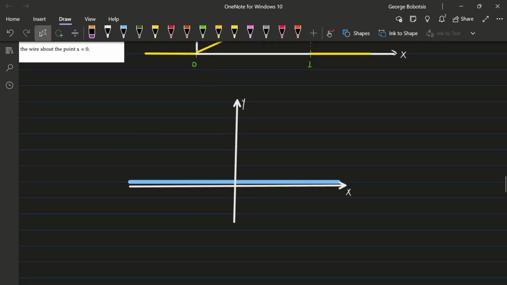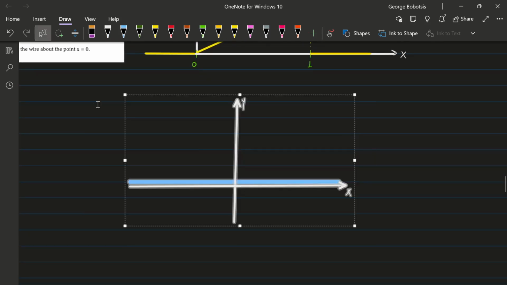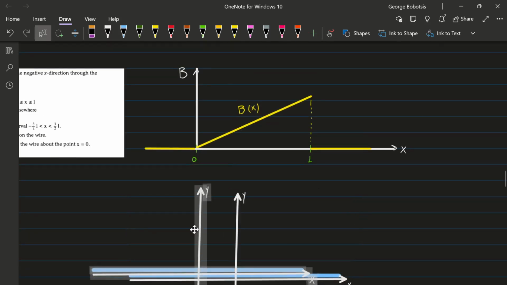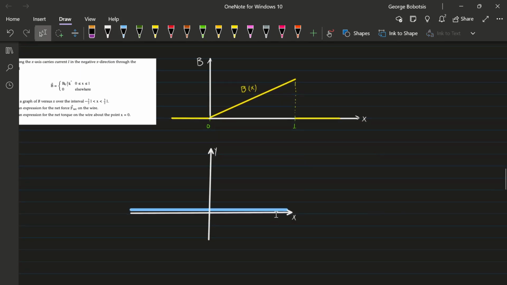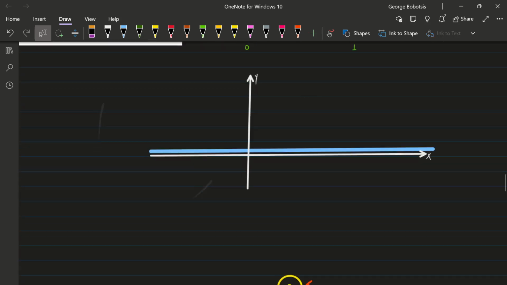So it looks to me, guys, if we were to draw this properly, you can see that the field only exists from 0 to 1. I'm going to try and align these plots so you can understand what's going on. I think that the wire is infinite. I'm pretty sure that it's infinite, so it never ends.